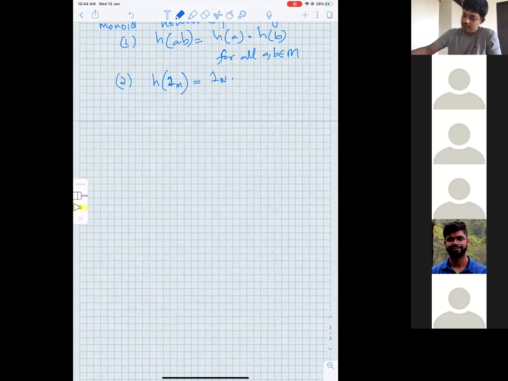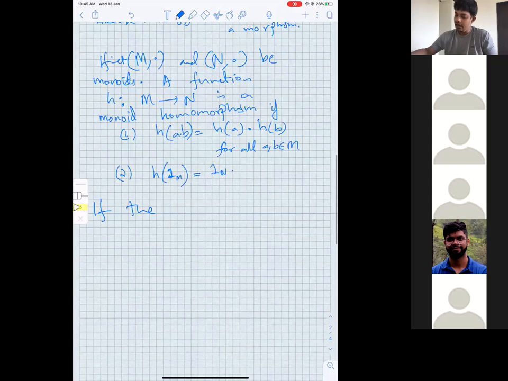Sir, I had one question. Won't condition two follow from condition one? It may not follow. For instance, imagine I have a semigroup S dot and any semigroup T circle.